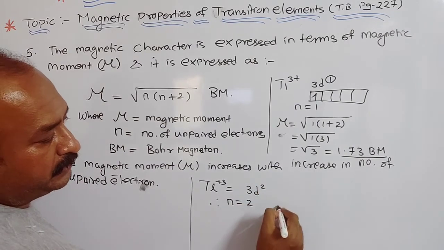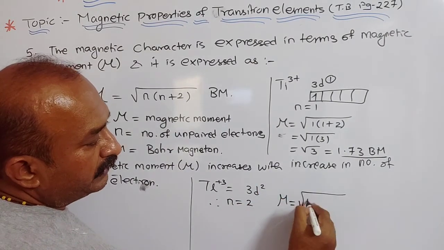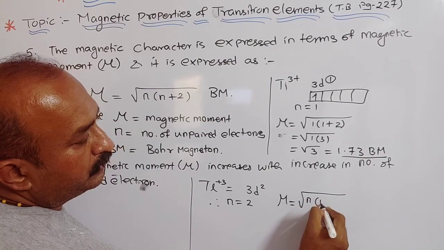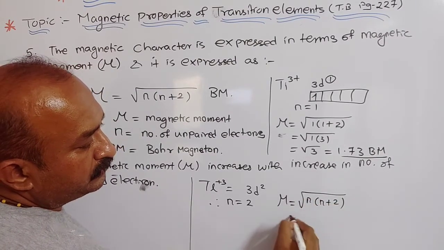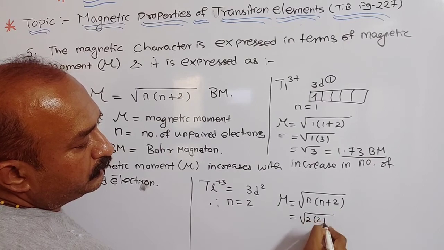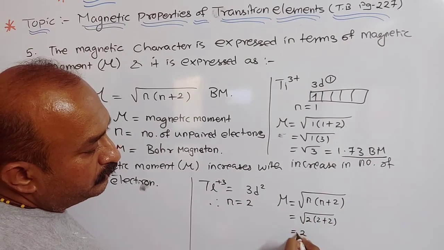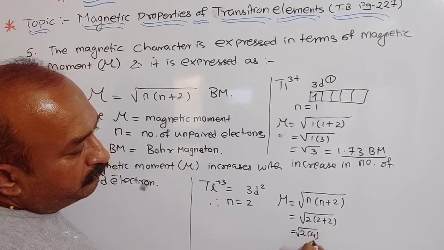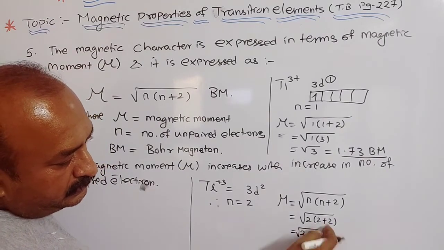So if I substitute in mu is equal to root of n into n plus 2, which is equal to root of 2 into 2 plus 2, which is root of 2 into 4. Understood?